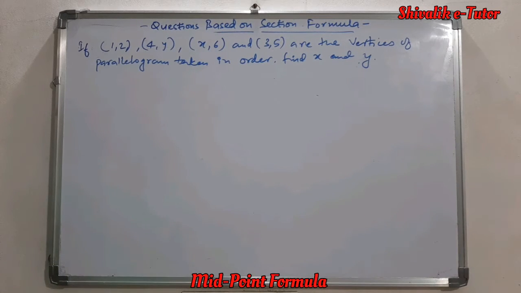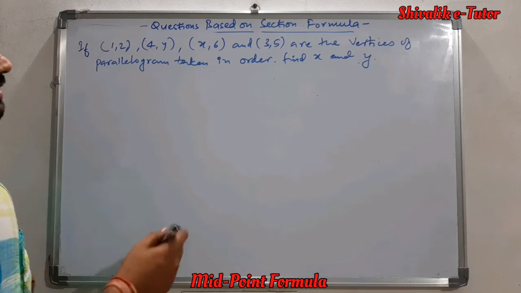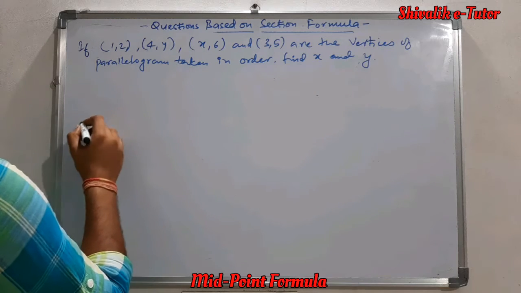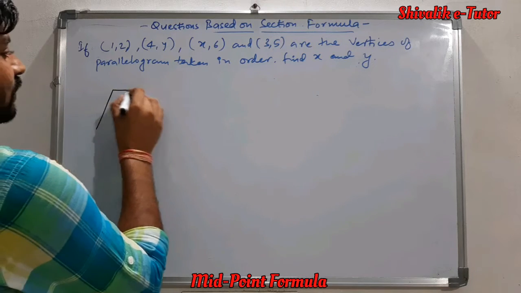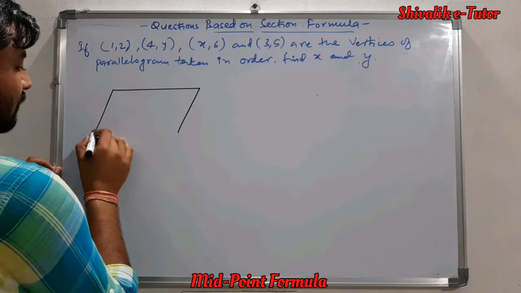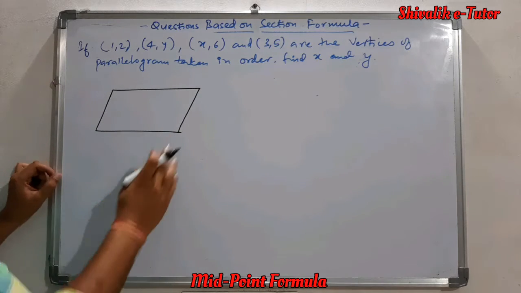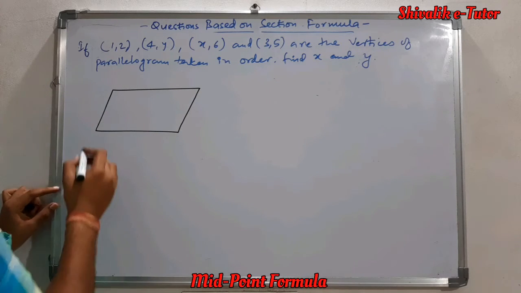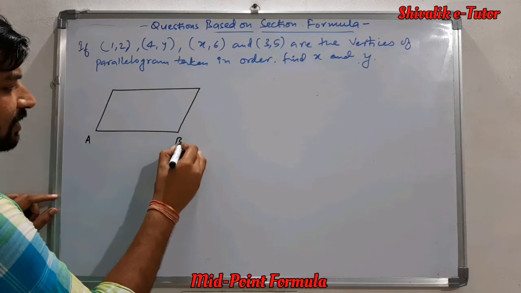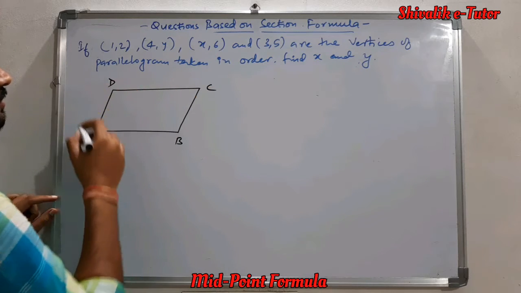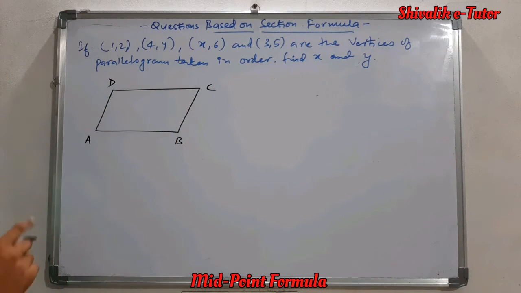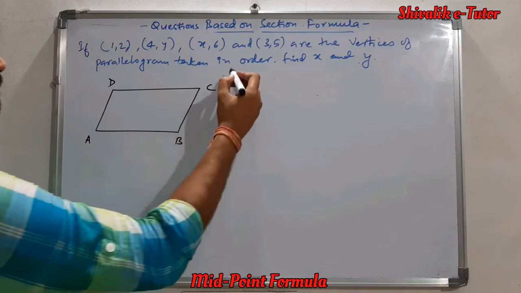For solving this we will use a very simple property of a parallelogram. You must know that in a parallelogram the opposite sides are equal and parallel. Let me call this parallelogram A, B, C and D, and one by one let me write the names in order. This is really important.